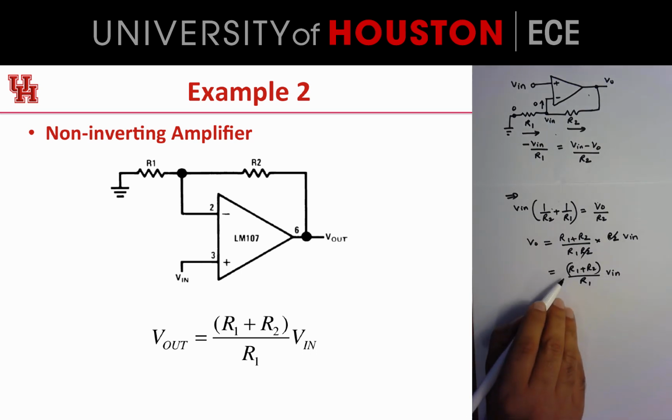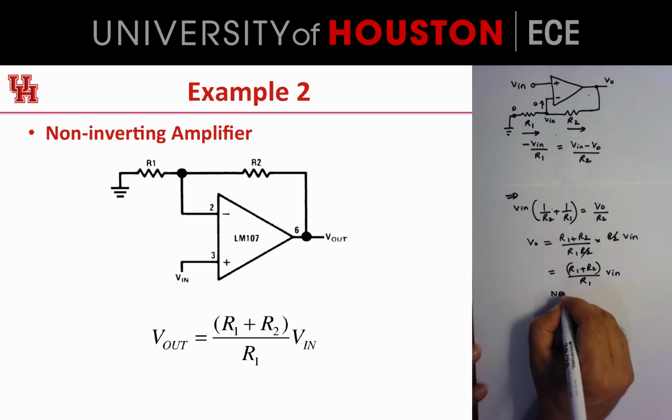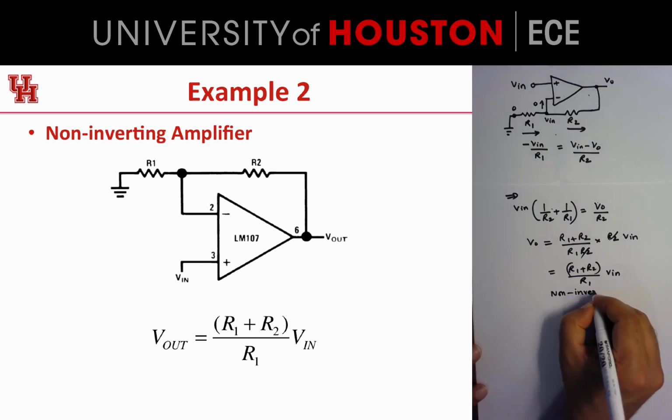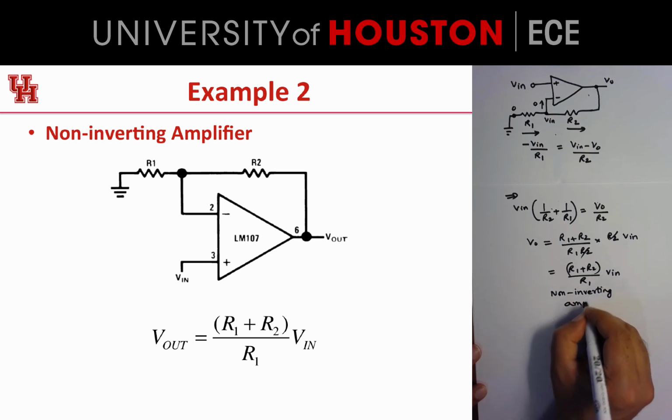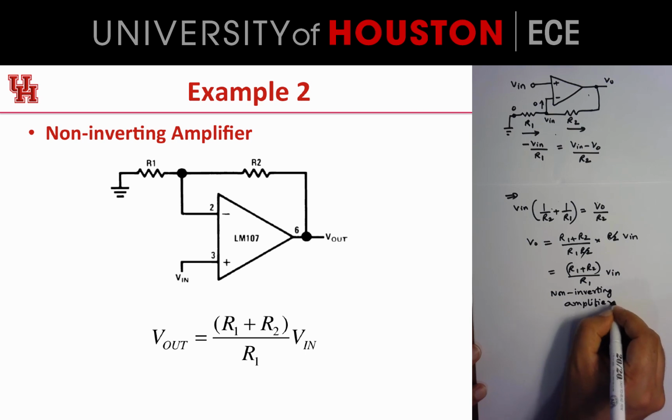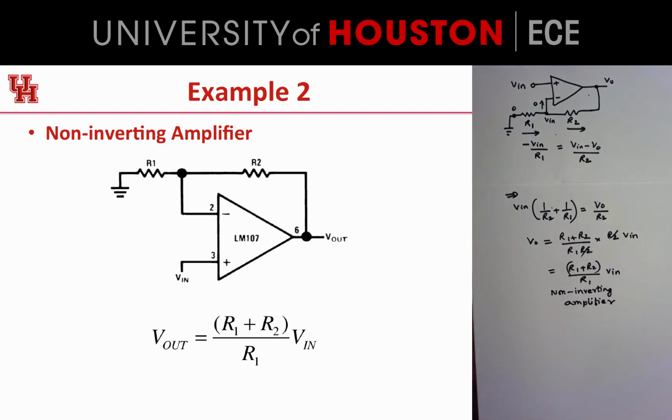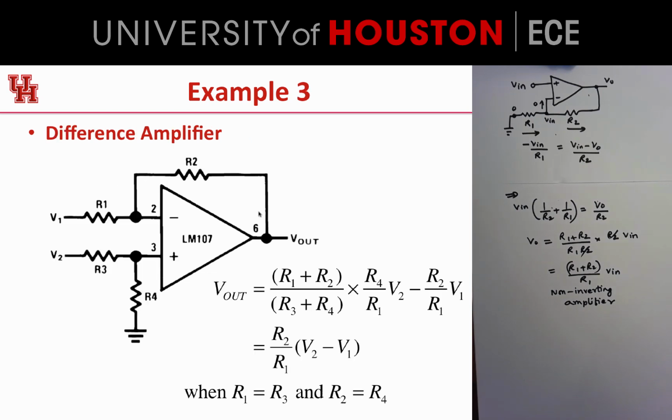Now we don't have a negative sign here, so for that reason we call it a non-inverting amplifier. So we just derived the non-inverting amplifier. Let's go on to the next example.